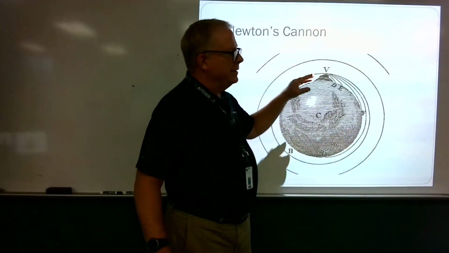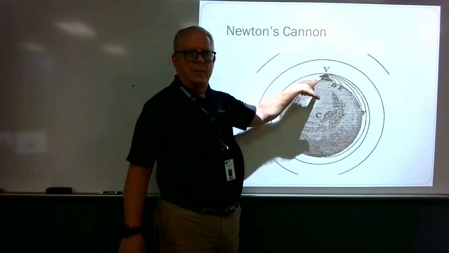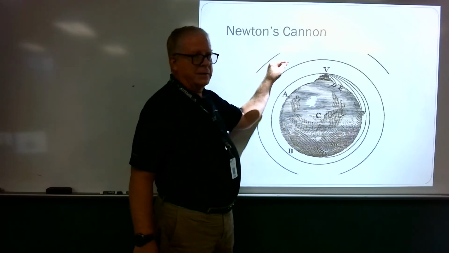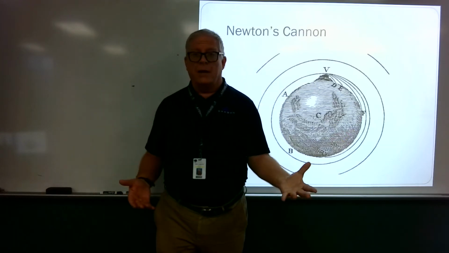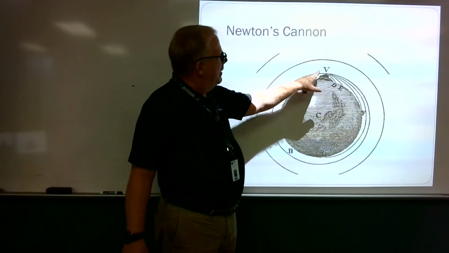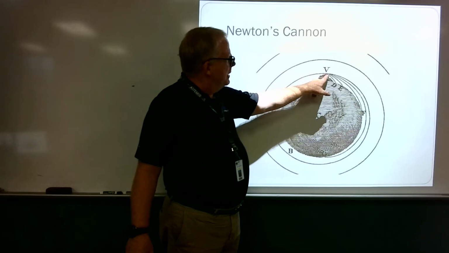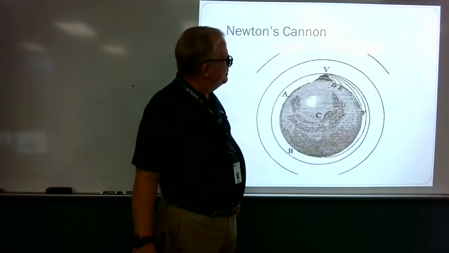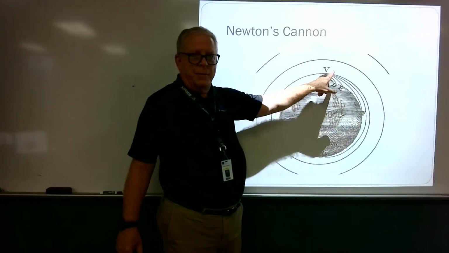Imagine, Newton said, if you had a cannon mounted on top of a tall mountain, and that cannon fired a projectile. As I said before, Galileo figured out that projectiles go in a parabolic path, and so if you fired your cannon with just a small speed, that projectile would take a path like path D here. It's going to be largely parabolic.